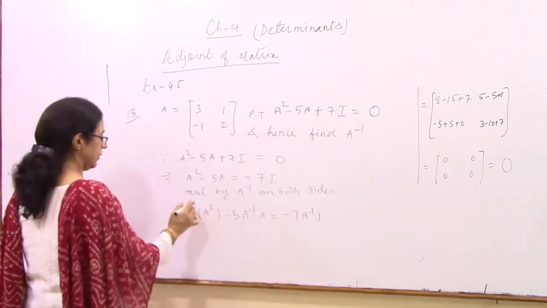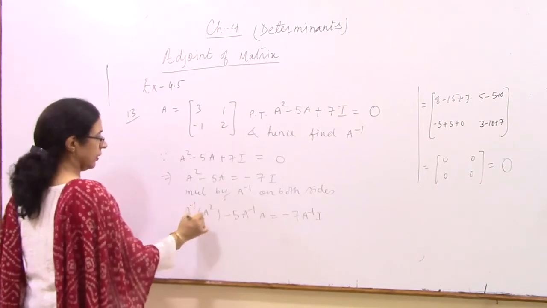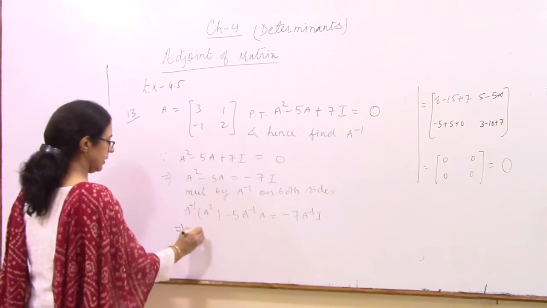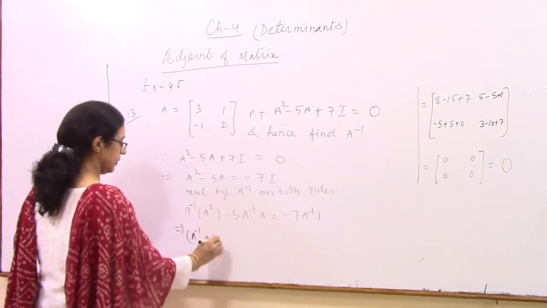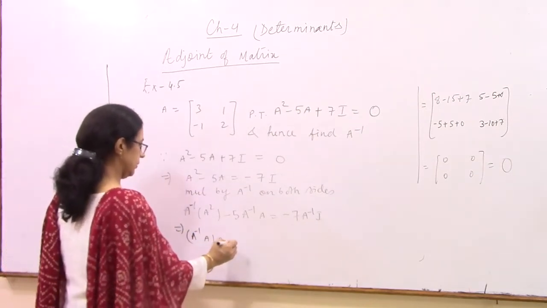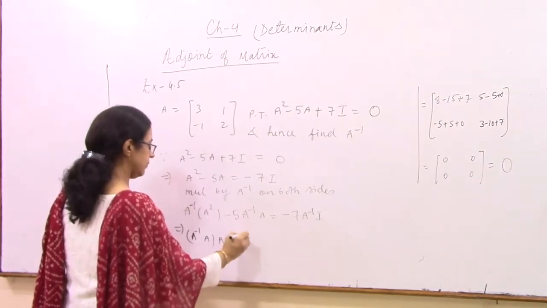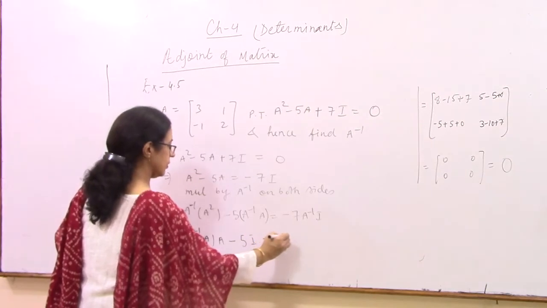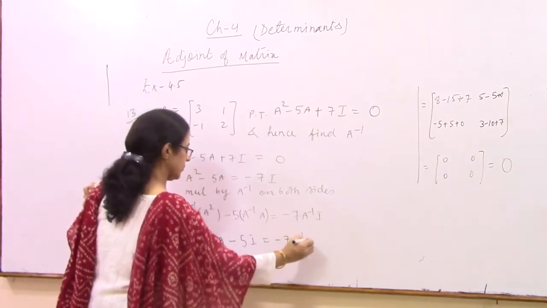Now A inverse A square, that is A inverse A, and we have only A. And minus 5 A inverse A, that is I, and this equal to minus 7A inverse. Why?